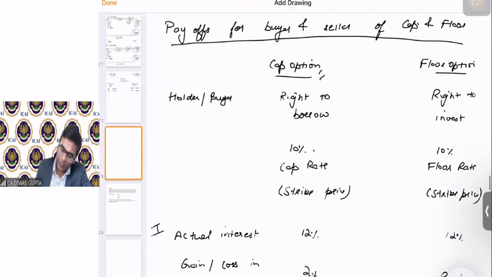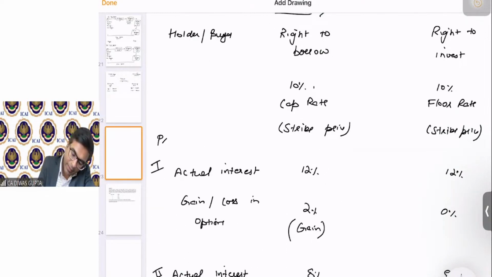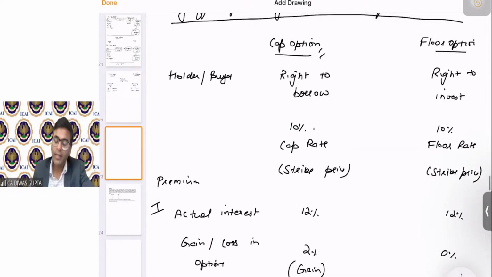There is one more piece of information here, which is, let's say, premium. So for giving this option to a holder or buyer, the seller of this cap option will charge a premium. How premium will be charged? Let's say 1%. Here also it's, let's say, 1%. Okay.